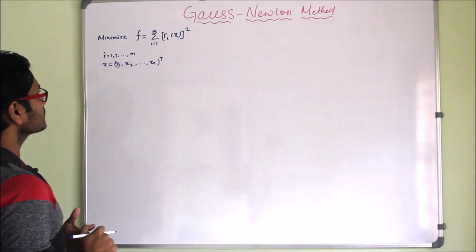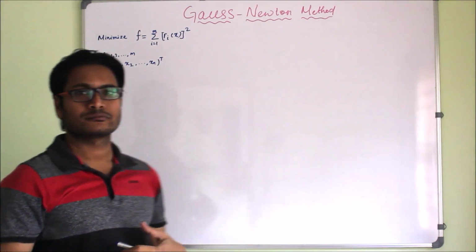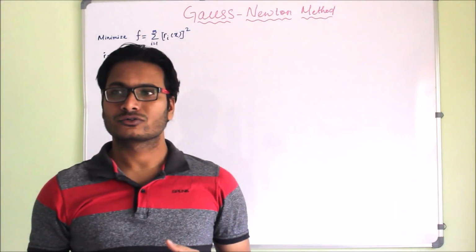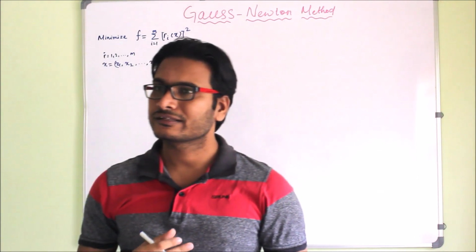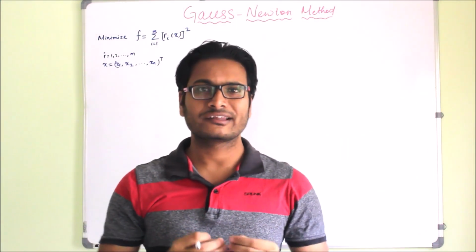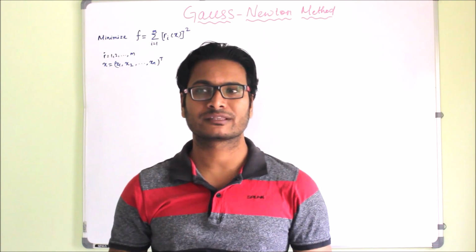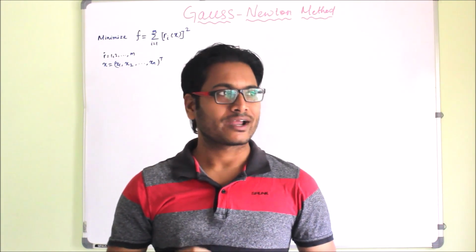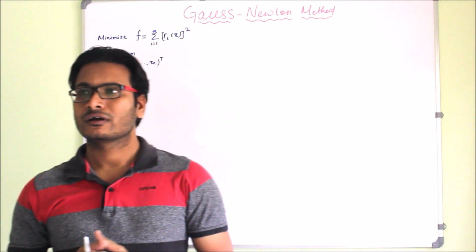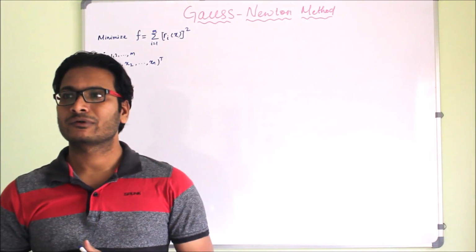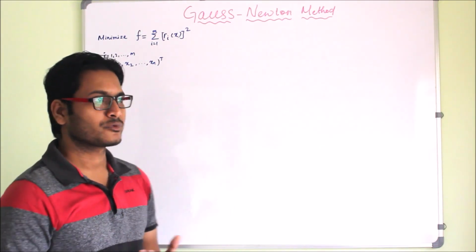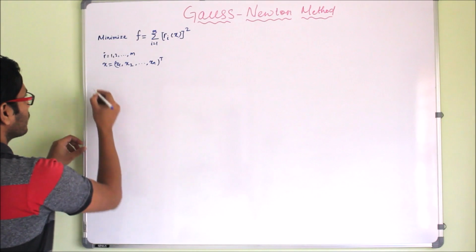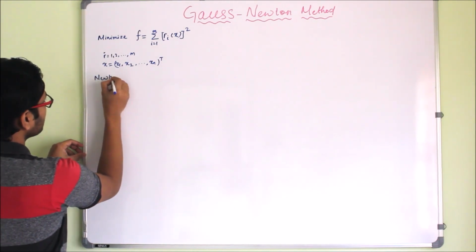Now, how to solve this problem we'll see. The Gauss-Newton method is nothing but an extension or a little modification of Newton's method, which we know for finding the minimum of a multivariable unconstrained optimization problem. So what is the formula for Newton's method?